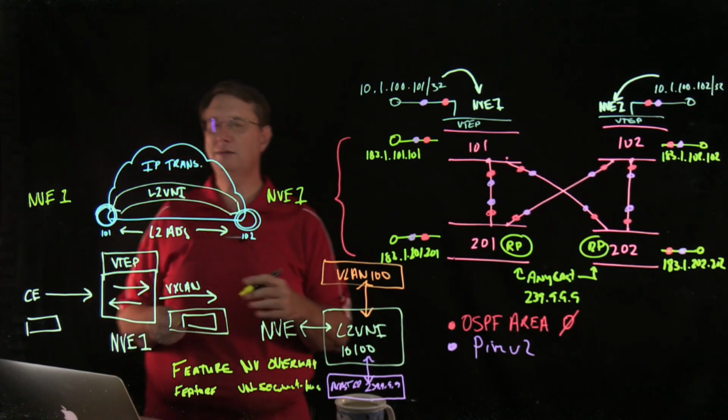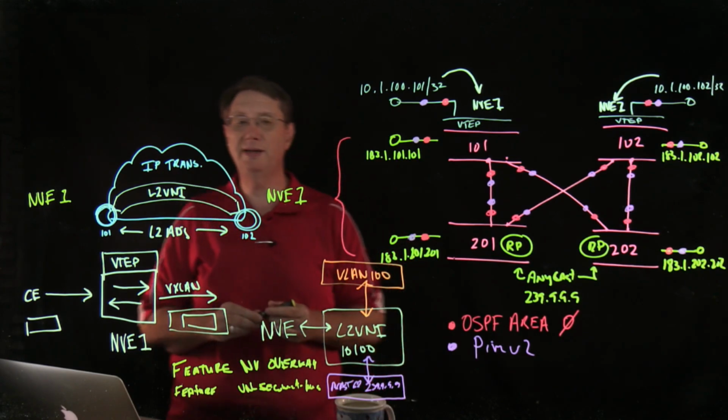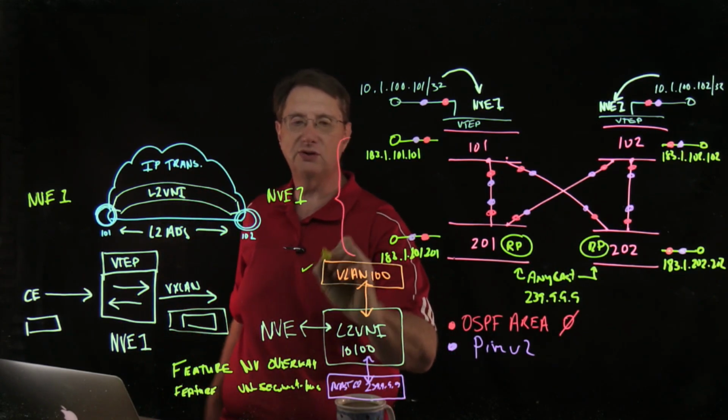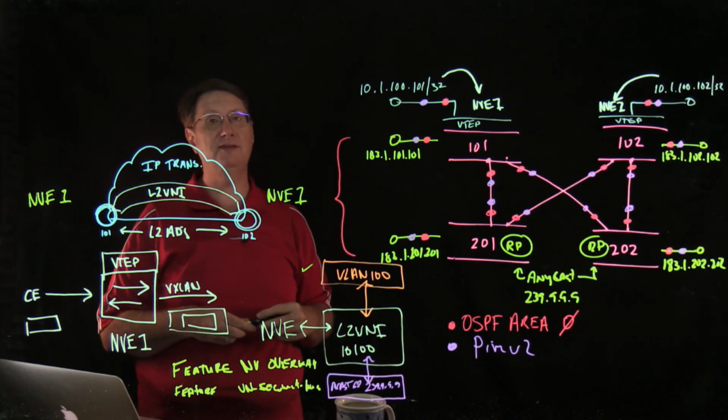So this is going to be the idea of the VNI will be assigned to a segment, and for the purposes of that explanation, our segment is going to be the VLAN.